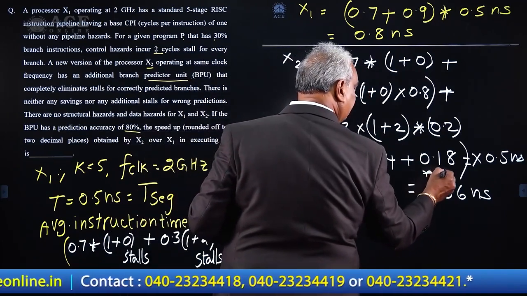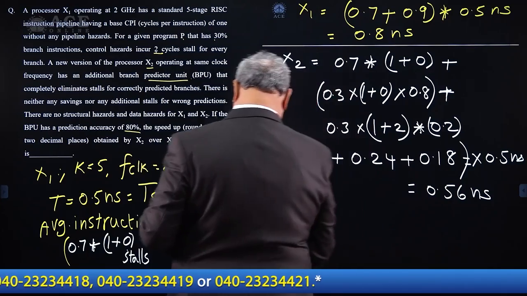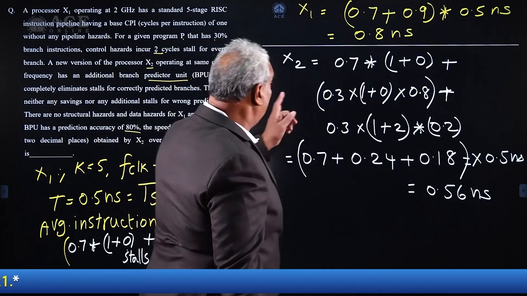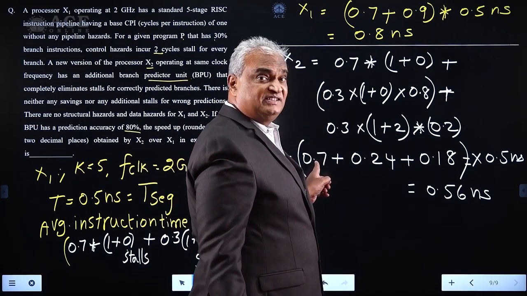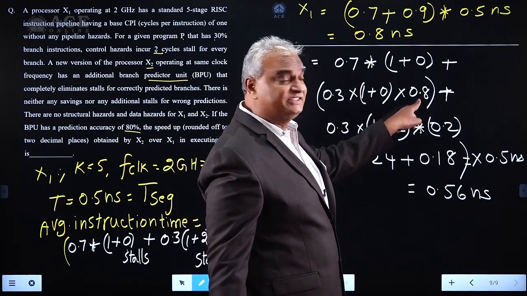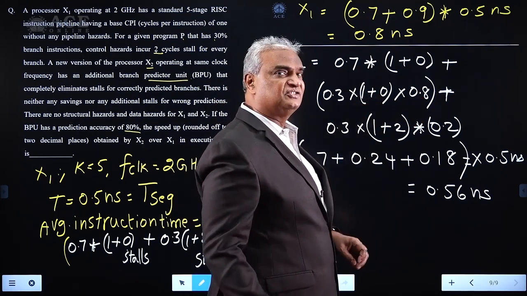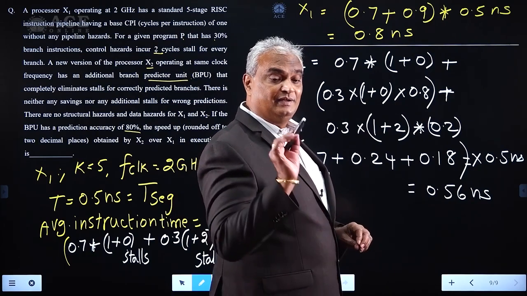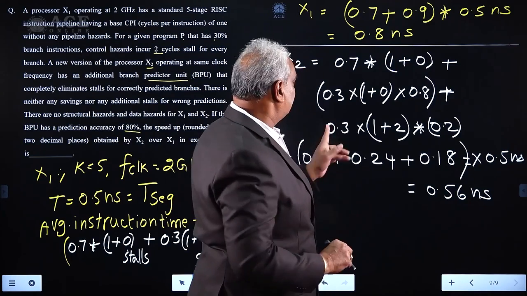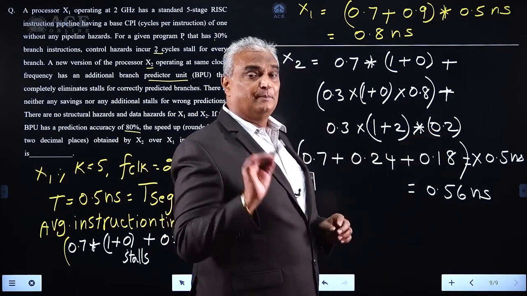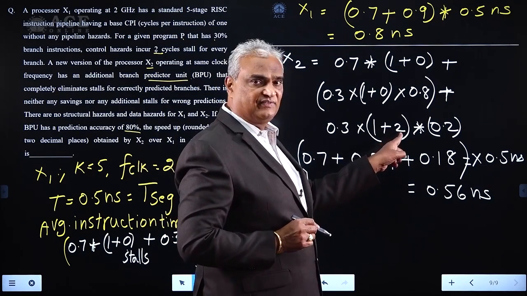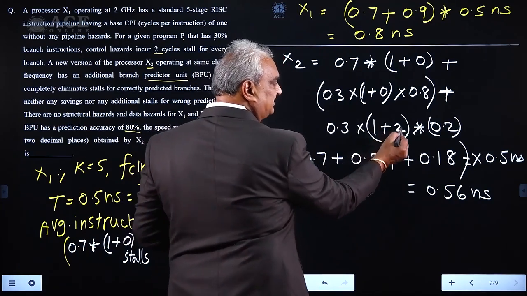Finally, the answer is, watch this once. 0.7 non-branch instructions are there. In the branch instructions, for 80%, no stall is required because the branch prediction unit provides the target address without any stall. Next, for the remaining 20%, the branch prediction unit does not function, which means 2 more additional stalls are required for each branch. That's why these are additional stalls.